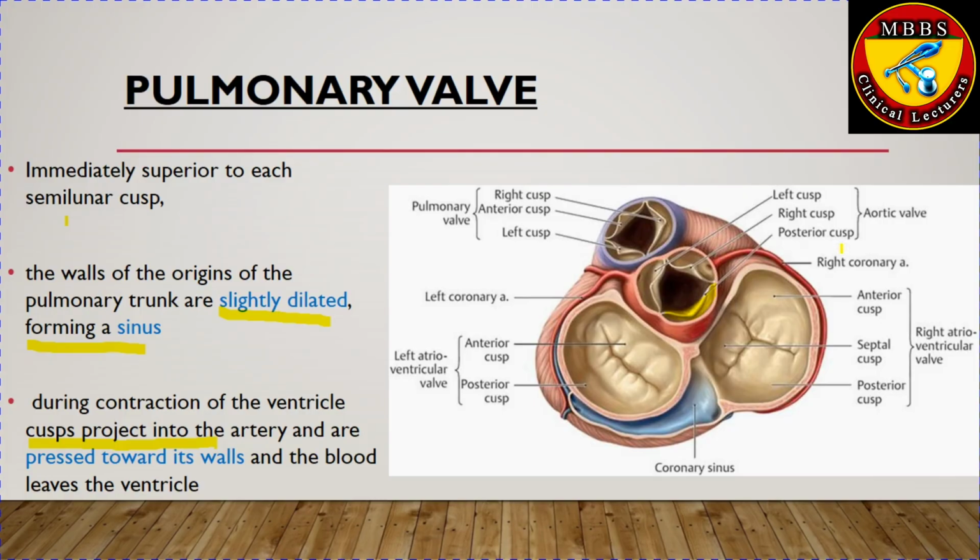So this is an opened pulmonary valve. You can clearly see the three cusps of the pulmonary valve, anterior, right and left, and you can see how the valve gets open. The cusps are pressed towards the wall, opening the orifice of the pulmonary valve. So the blood passes into the pulmonary trunk.